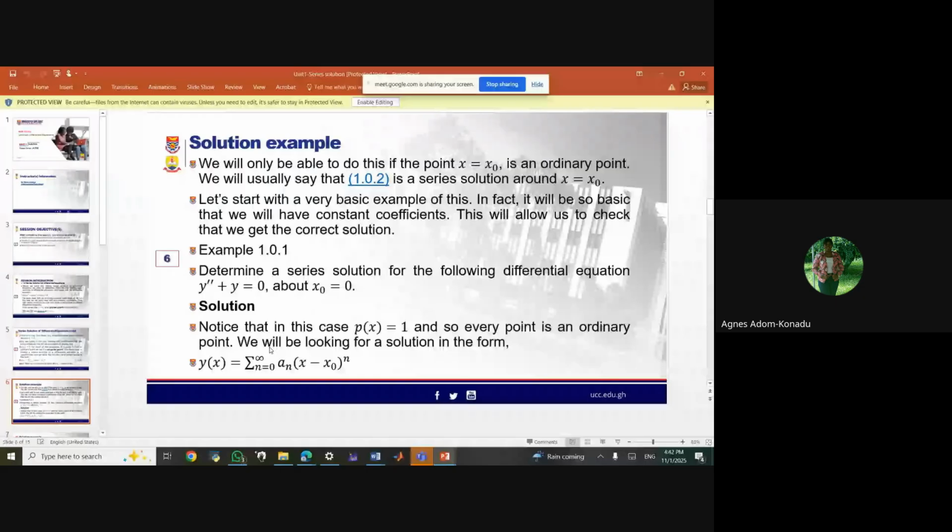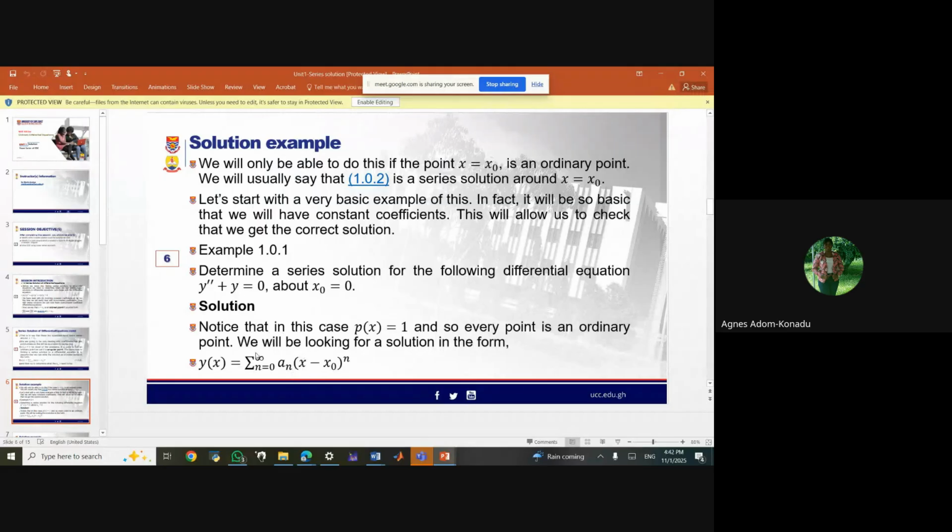So we'll be looking for a solution in the form like this. Here is the same approach as we used to do. Our y is the sum from n equal to 0 to infinity of a sub n times (x minus x naught) to the power n. This is our guess solution.